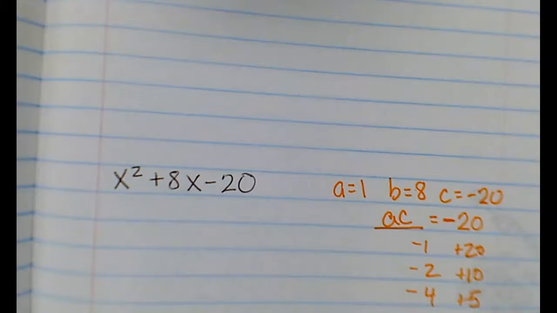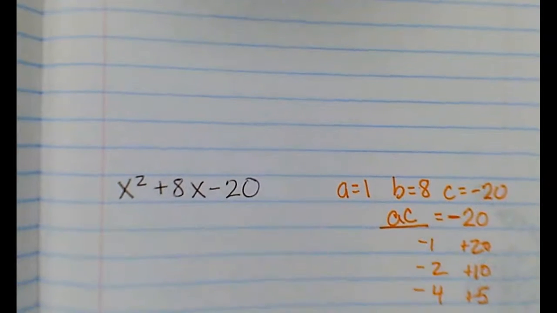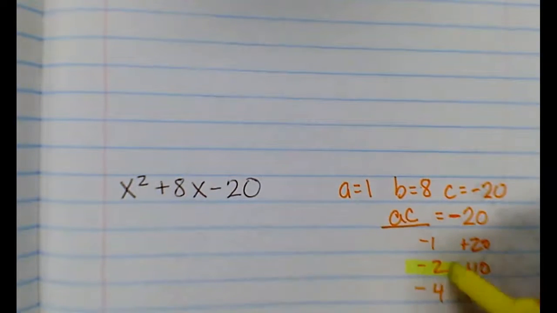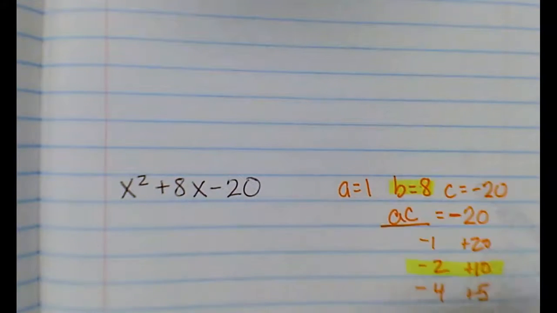Now that we have our factors, which pair can add up to get the B? Would this pair add up to equal the B?